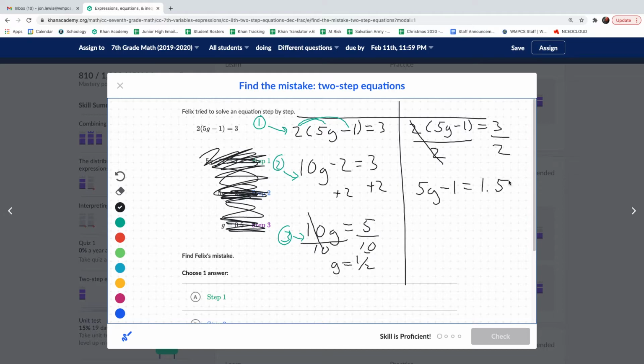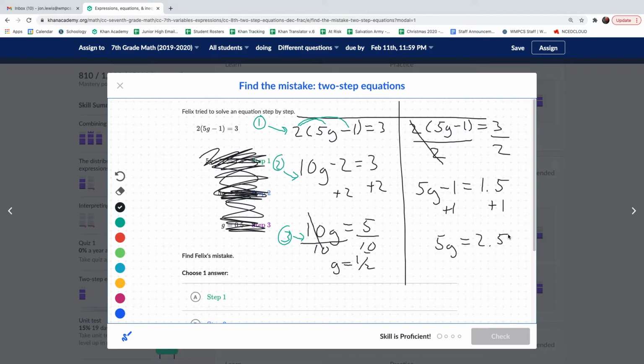Now that we've done that, we can solve this like a normal 2-step equation. I can add 1 to both sides, and I get 5g is equal to 2.5.